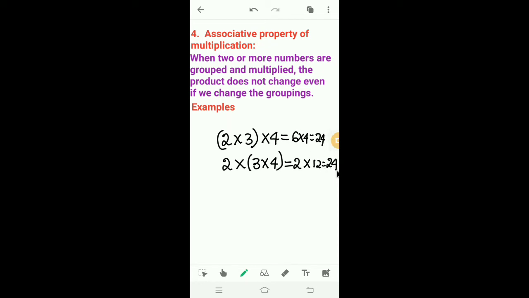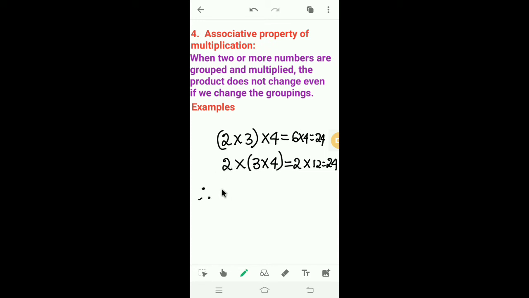Both the products are same. When two or more numbers are grouped and multiplied, the product does not change even if we change the groupings.